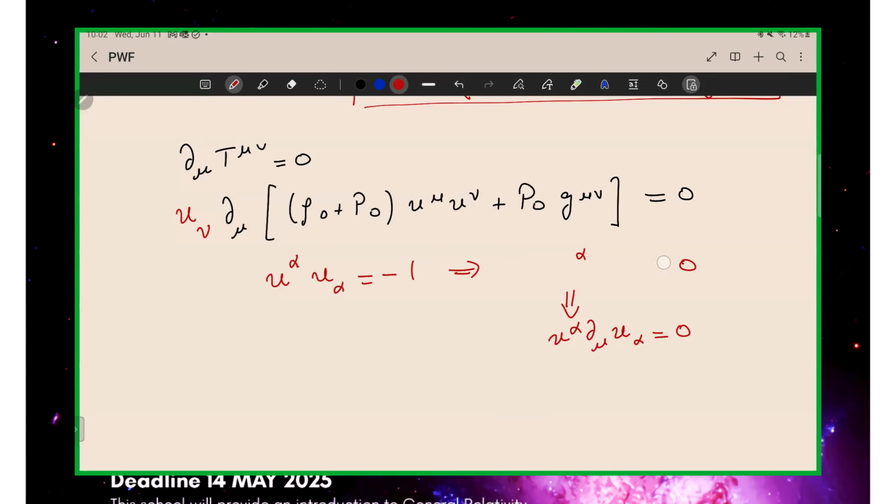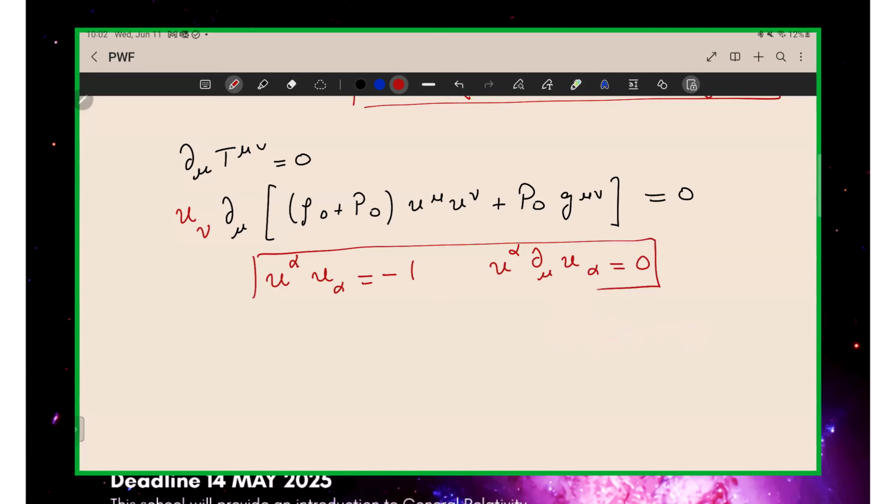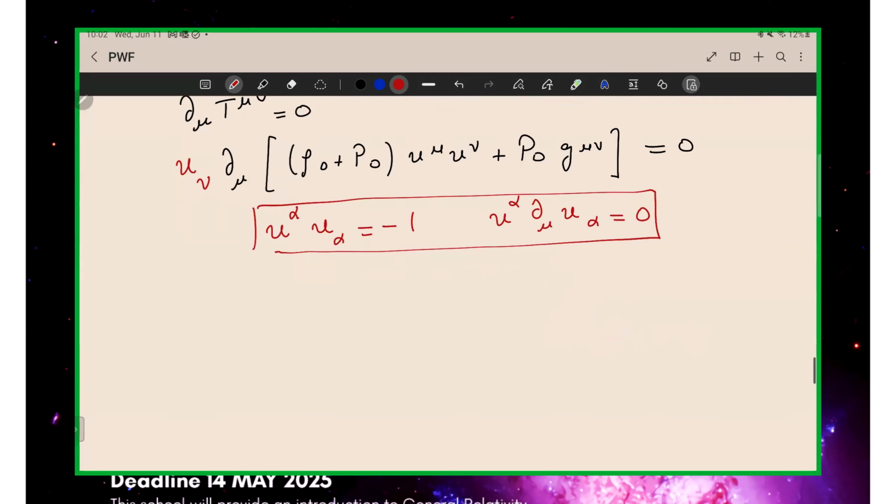So there are two equations that you will need. One of them is written here, and the other one is this. So use these equations, okay? If you use these two equations and you multiply this black expression with u nu, then you get this equation that I'm going to write down.